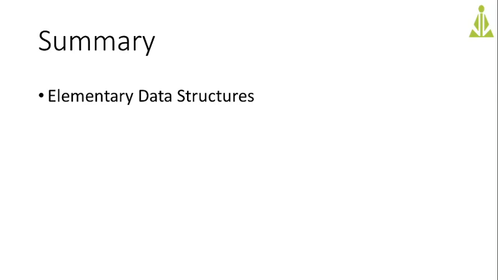Like array, list, stack, queue, tree. Heap sort is also one type of data structure. And we saw the heap, what is a heap, and then we saw heap sort, how to sort the given tree or given array. So these are the things we have done in today's lecture.